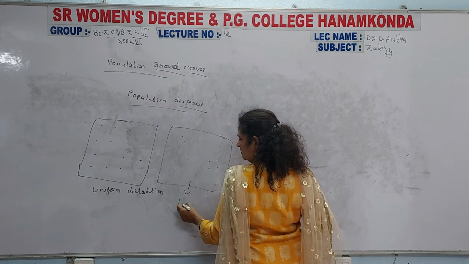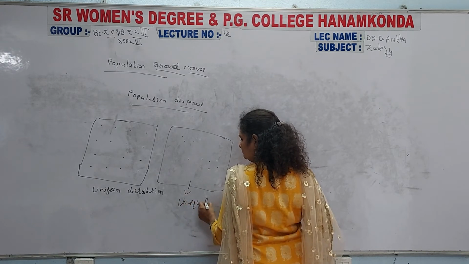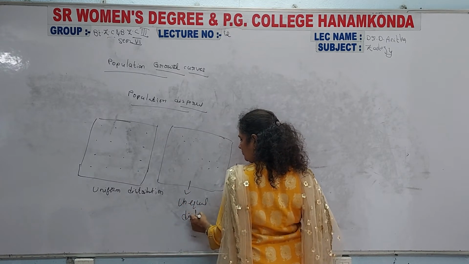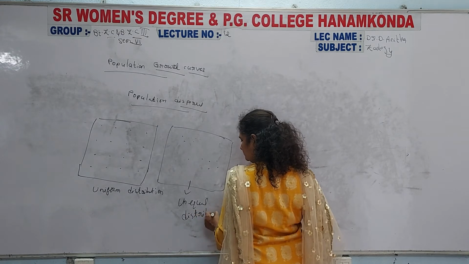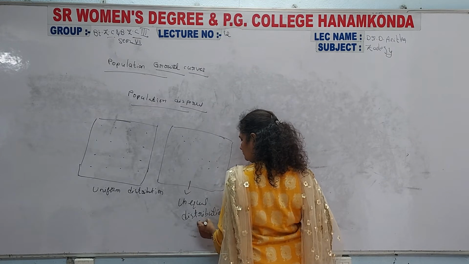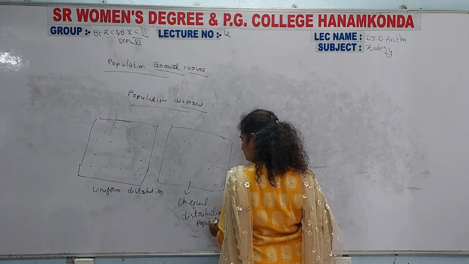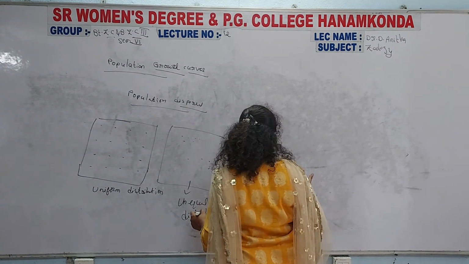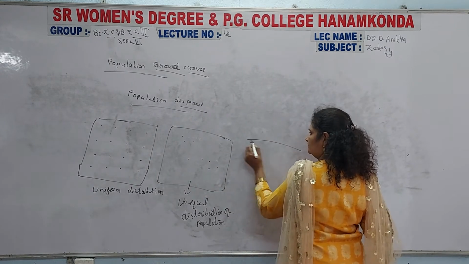So it is the unequal distribution of population. And see this.